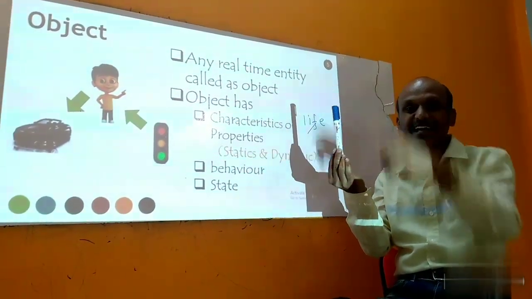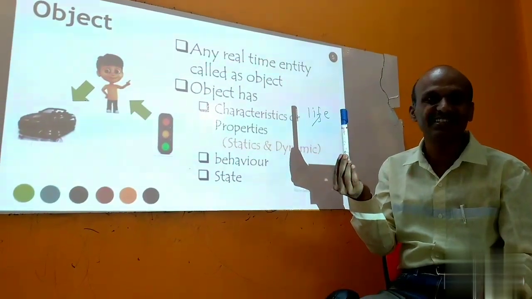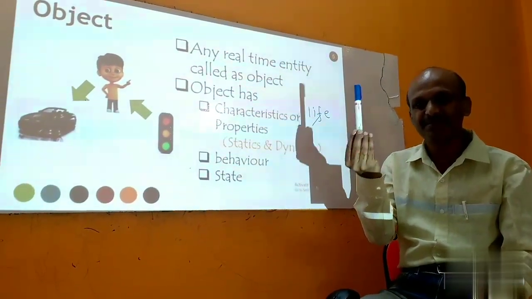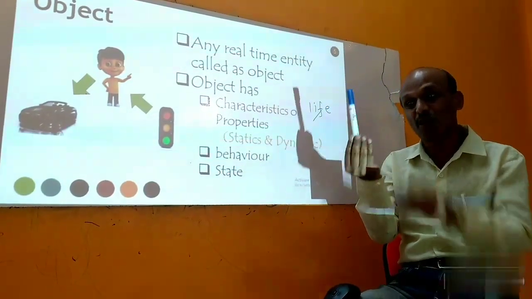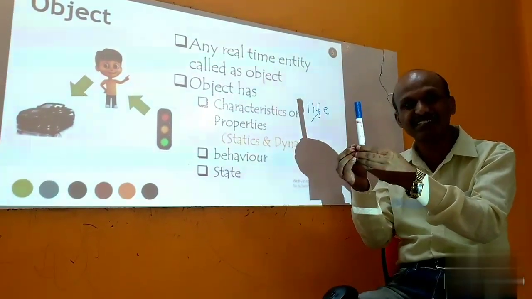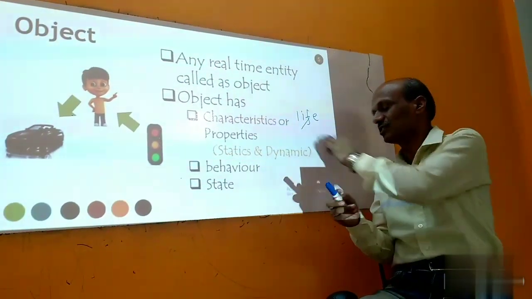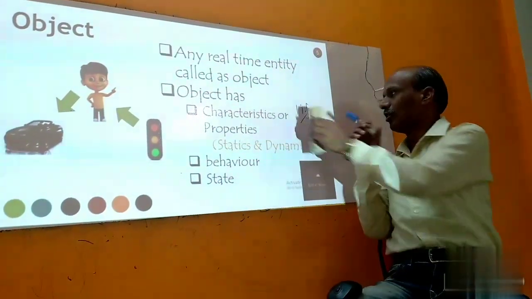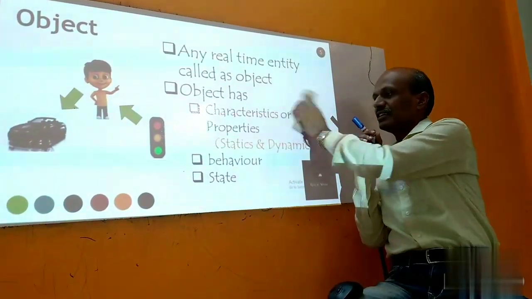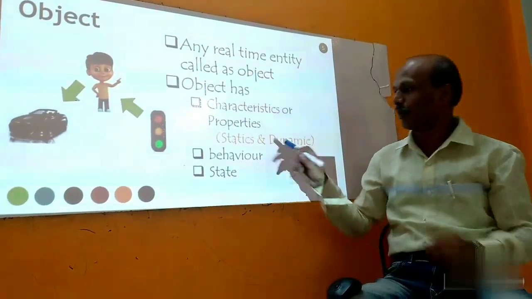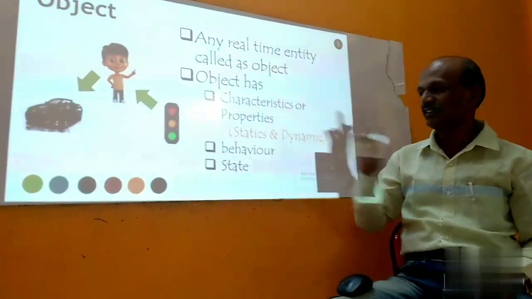If I pour red ink, the color changes to red. Means static and dynamic. An object has characteristics, plus static characteristics and dynamic characteristics. So objects have characteristics or properties, which are static and dynamic.